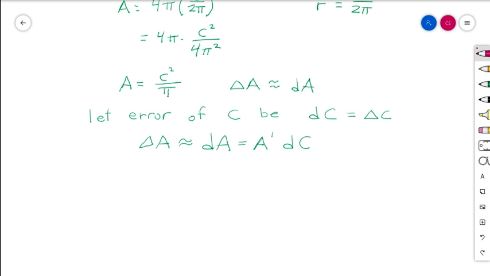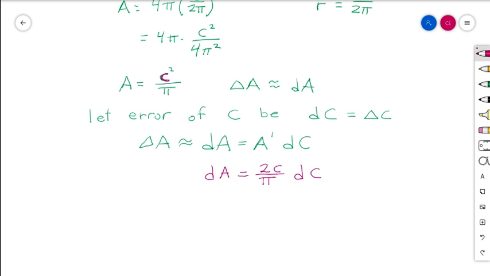Here's our A. The variable is the circumference, because that's what could have the error. The pi is a constant. So when we take the derivative, we're really just taking the derivative of c squared, which is 2c, and then it's still over pi. So 2c over pi.